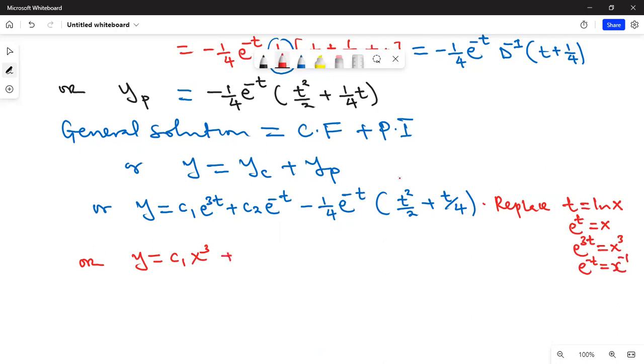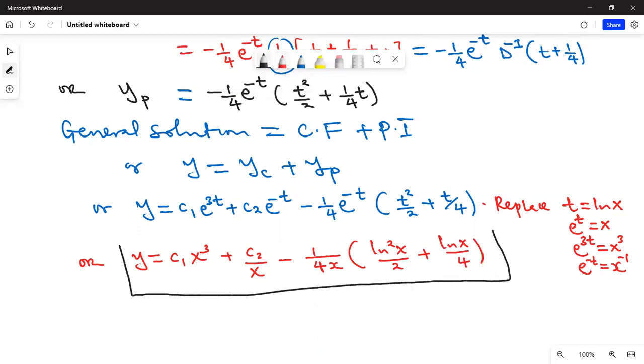So this is plus c2 over x, minus 1 over 4 times x raised to negative 1, which is 1 over x. So this 1 over 4, then x down there. t is ln x, so this is ln squared of x divided by 2 plus ln x over 4. So this one here is our general solution where C1 and C2 are arbitrary constants.